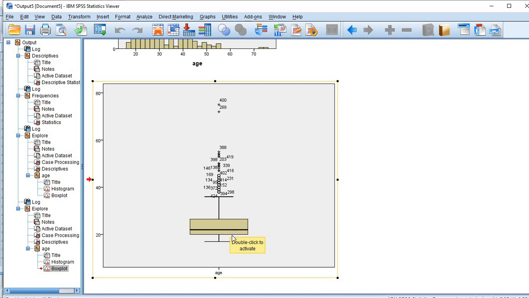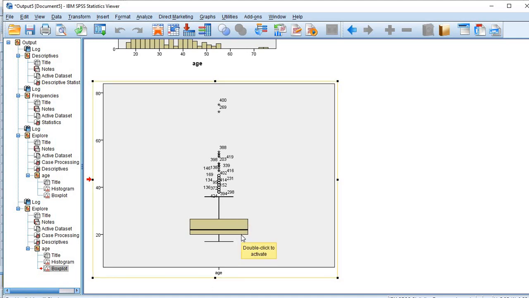So we have three percentiles: the 50th percentile, the third quartile, and the first quartile at the bottom. Those are the three that will be computed and demonstrated by the box plot. The horizontal line is the median, the upper boundary of the box is the third quartile, and the lower boundary is the first quartile.